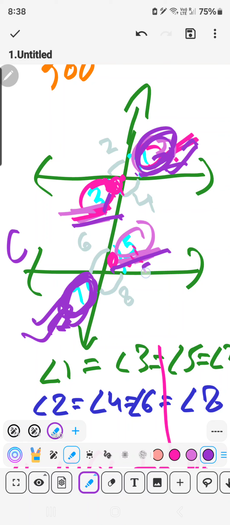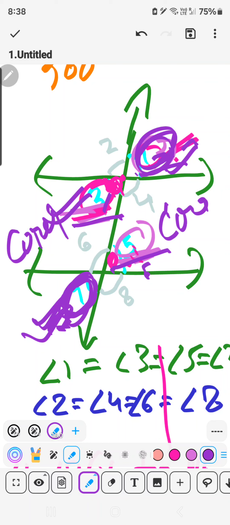I told you how 1 is related to 5: corresponding. From that only, 3 is related to 7 by corresponding. 5 to 7: how is 1 related to 3? Vertically opposite. 5 is also related to 7 as vertically opposite.